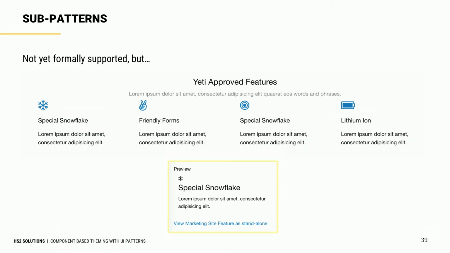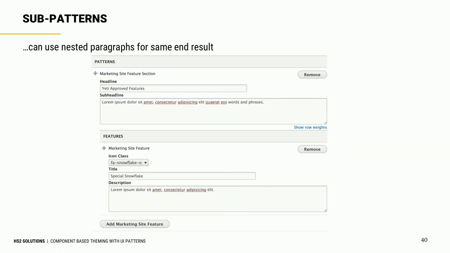So this is, what is it called again? A marketing site feature section that has a header and a subheader, and then one or more features that have the little icon and then some additional text. If you first define a pattern for the marketing site feature, which we have at the bottom, you can then create a pattern for the marketing site feature section that has those patterns inside of it. So this is what the paragraph would look like.